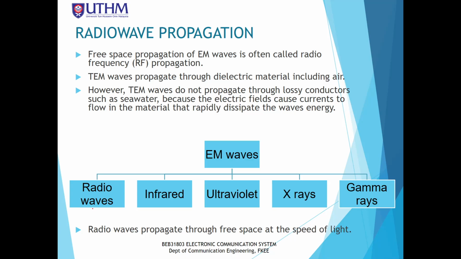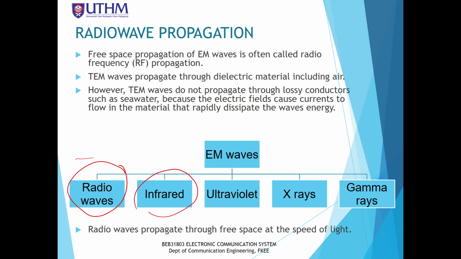So you see that electromagnetic waves can be divided into a few types. Radio waves are for the communications that we all use, for AM, FM. For digital communication also we use radio waves, from a few megahertz until a few gigahertz.